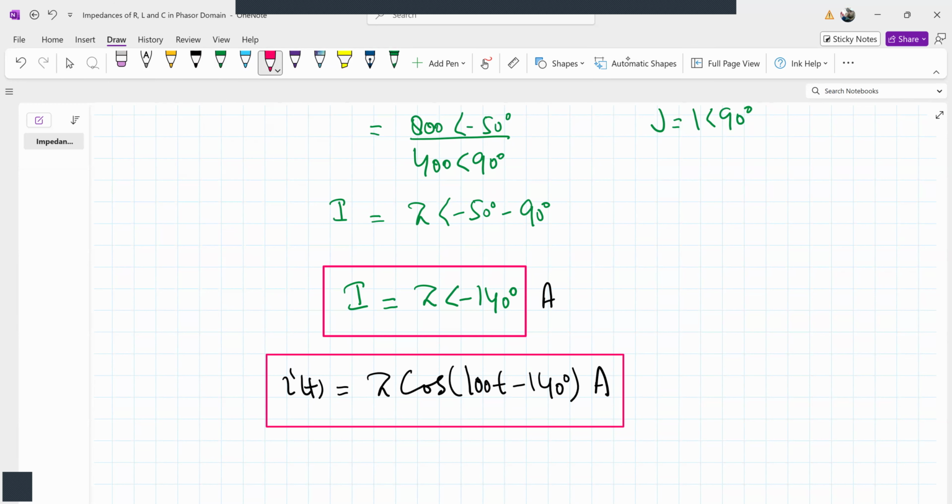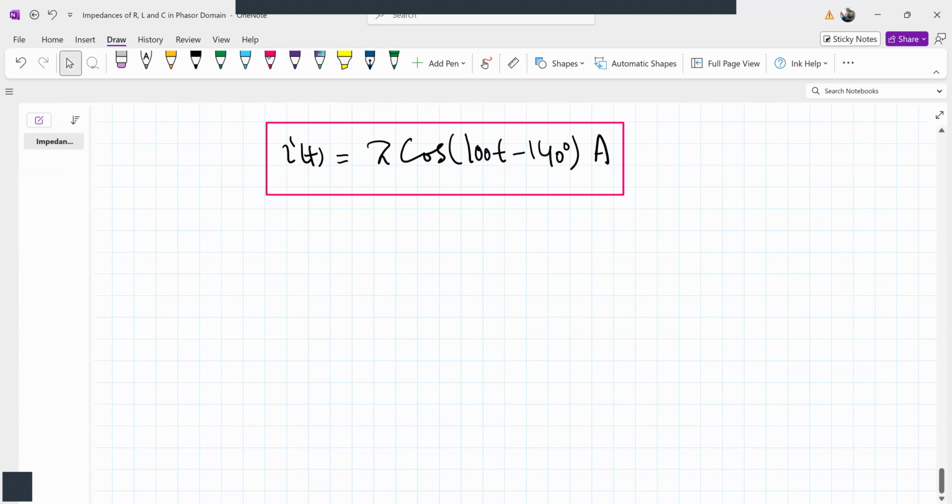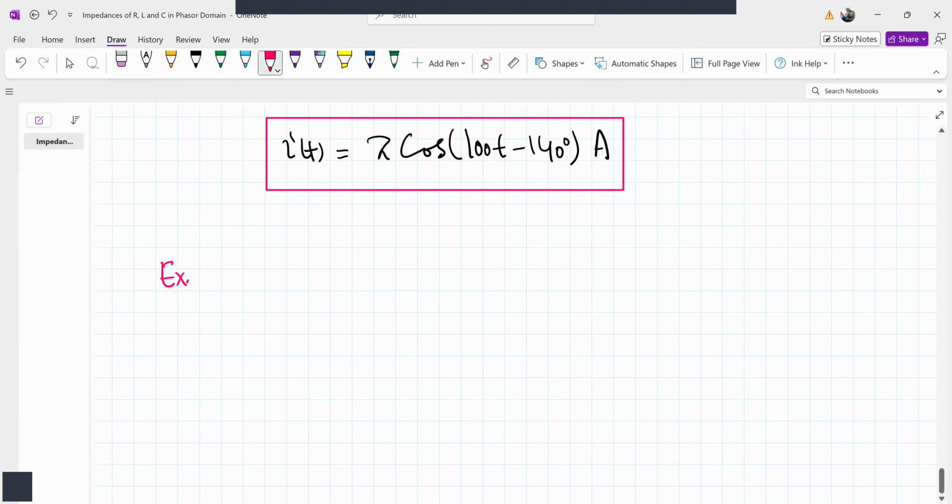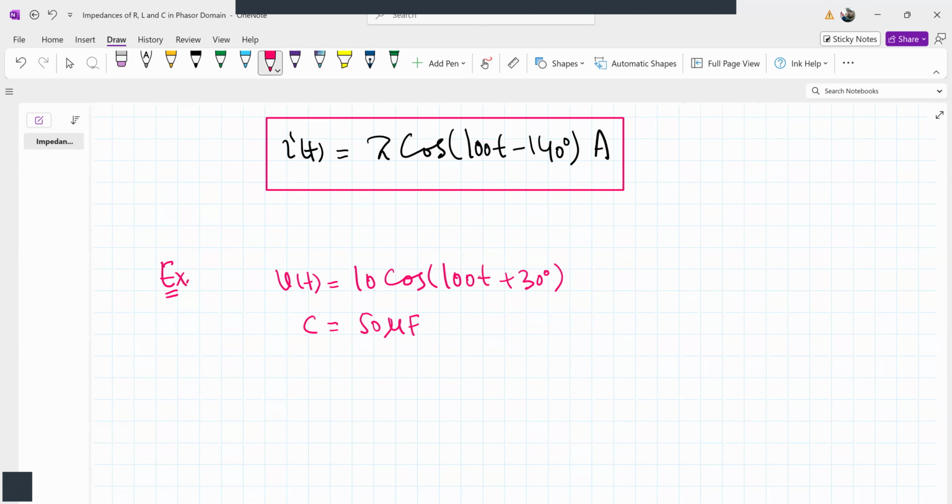Now, the second problem is: the voltage applied across a capacitor is given by V of t equal to 10 cosine of 100t plus 30 degrees. And the capacitance of the capacitor is also given, that is 50 microfarad.